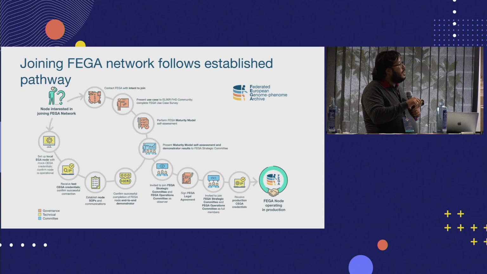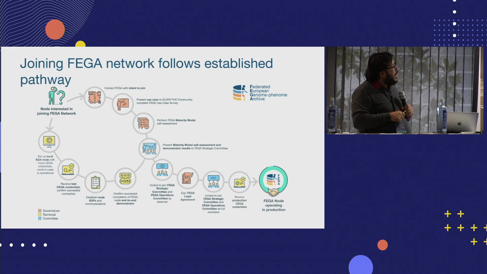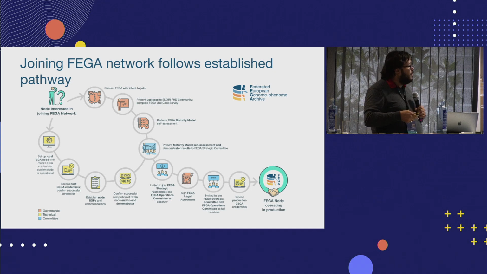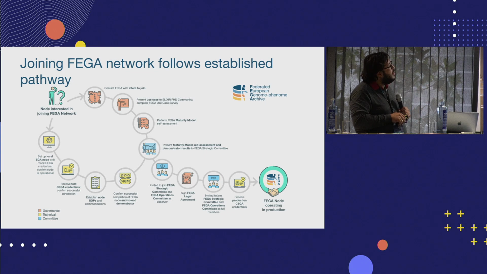That implies setting up the federated EGA node in your own premises, and then running a mockup, meaning being able to receive data, being able to manage the data, including the encryption, the correction, the management of credentials, and then also being able to serve the data to the community. So once I have demonstrated my technical capabilities, and I have done all the conceptual, admin, and legal paperwork, I'm ready to join the federation, and then I become a fully recognized federated EGA node.